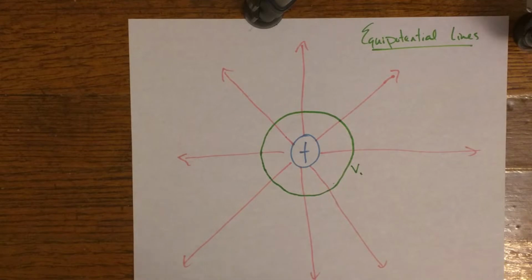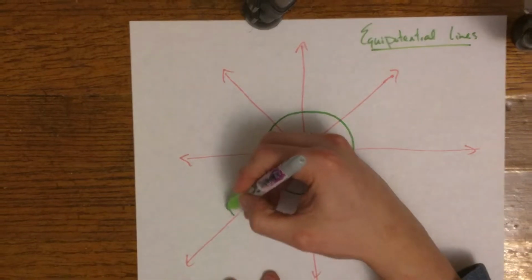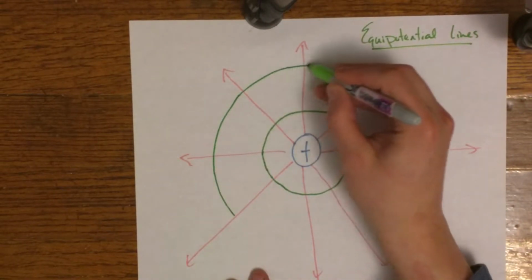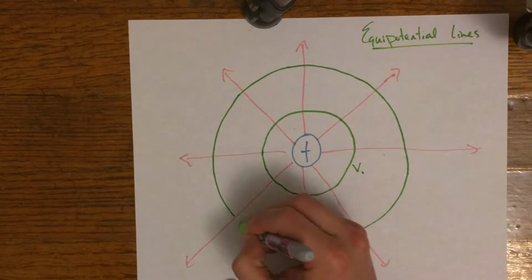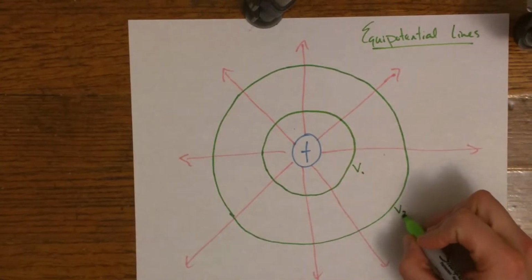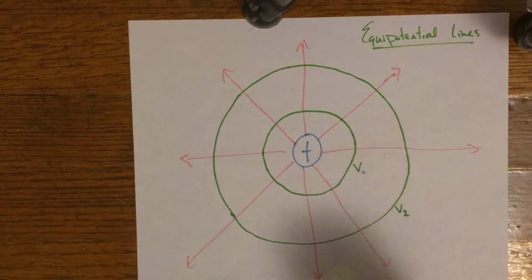That's not electric potential energy, this is potential, and I could label that V1. All of these points in space, notice that these should be circles. I'm trying my best. V2, all of these points in space have the same potential as well.